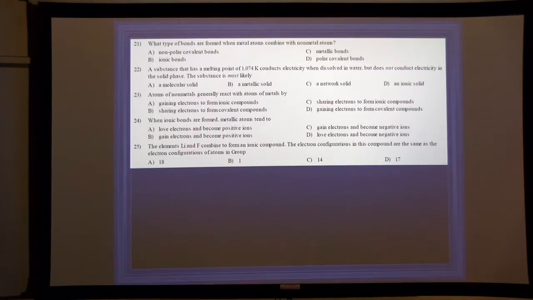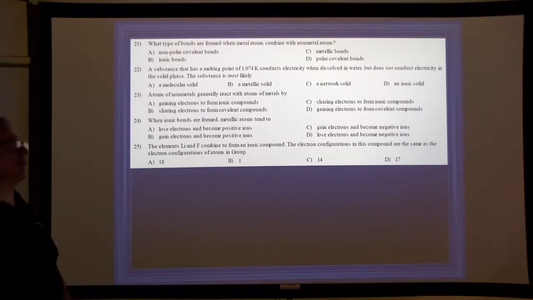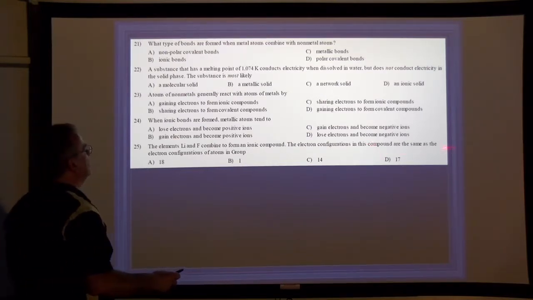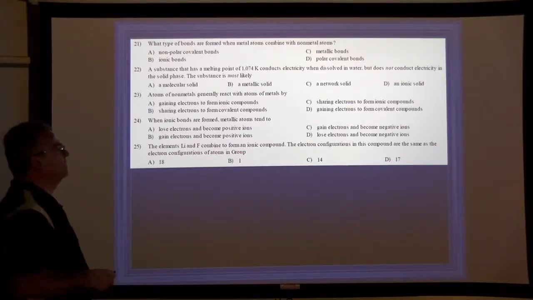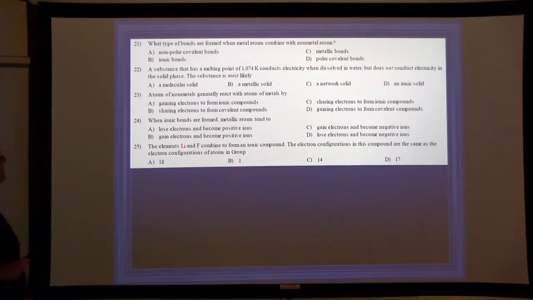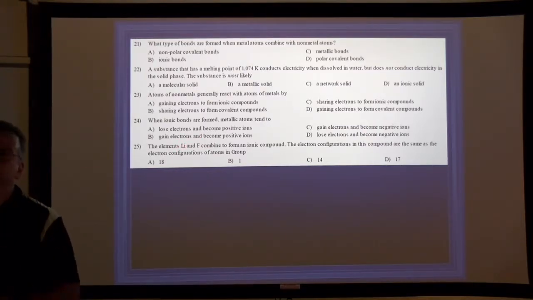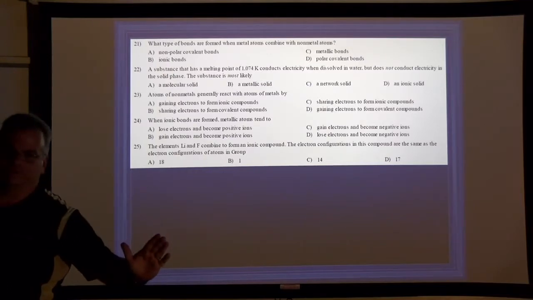The elements lithium and fluorine combine to form an ionic compound. The electron configurations in this compound are the same as the electron configurations of atoms in group... Well, wait a minute. What do you mean? When lithium combines with fluorine, what is lithium going to do? It's going to lose its valence electron.